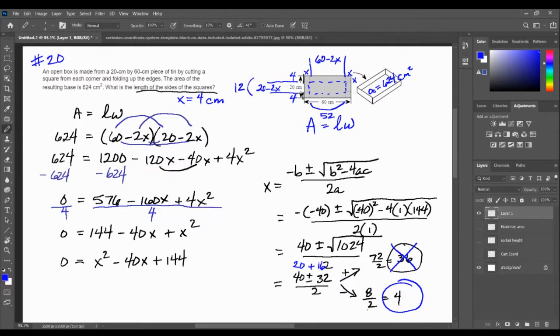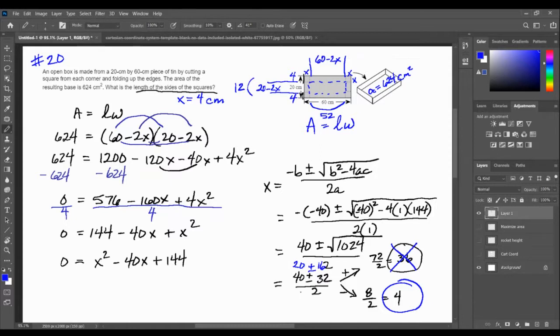Okay. That works. I just have to make sure that I divide both of those by 2. But yeah, we can do that. It basically becomes 40 halves plus or minus 32 halves, which is 20 plus or minus 16. So definitely an option.